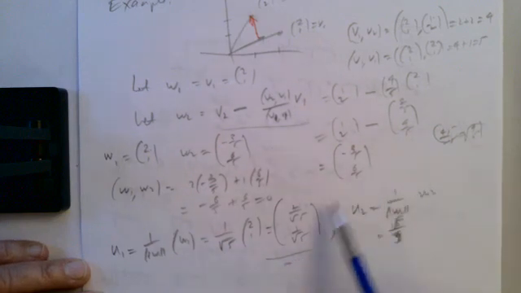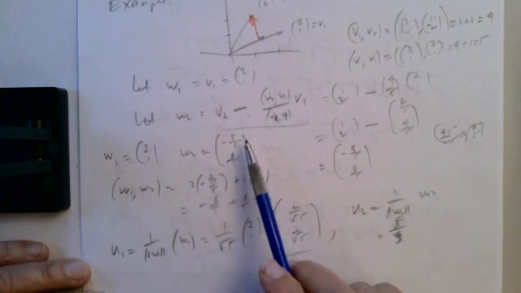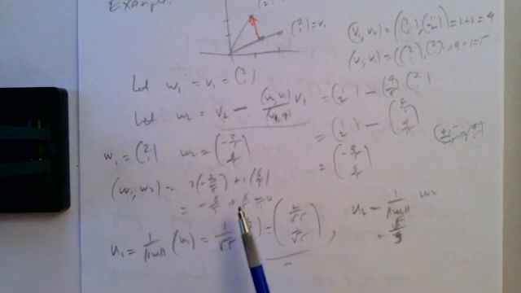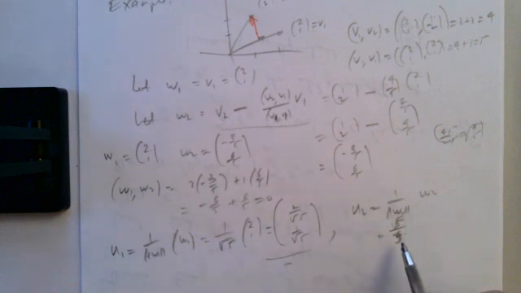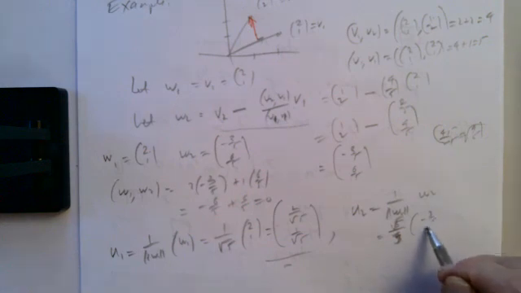Right? For W2, this squared plus this squared is the length squared. So that's 9 over 25 plus 36, 45 over 25, or 9 over 5. So the square root is 3 over root 5. So 1 over the square root is root 5 over 3 times W2, which is minus 3/5, 6/5.